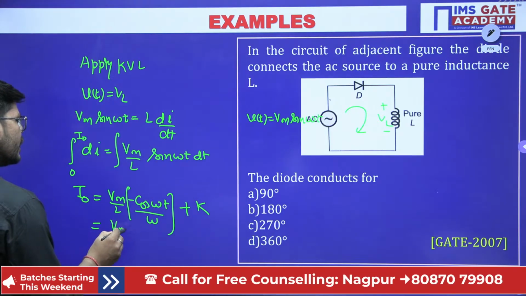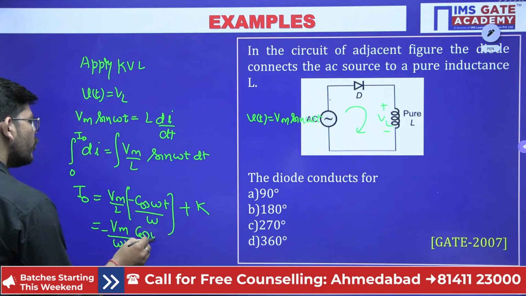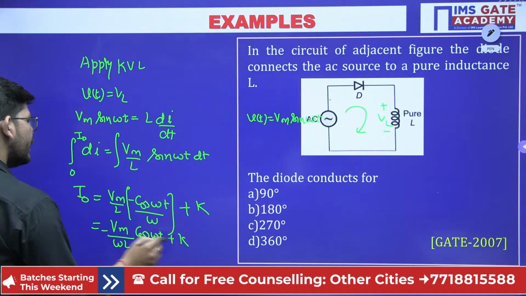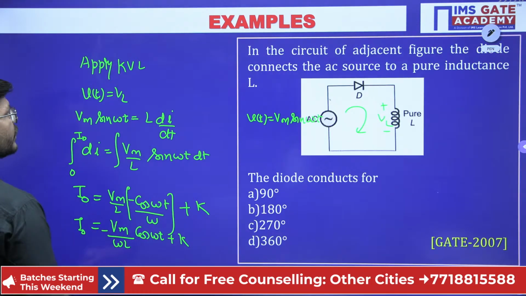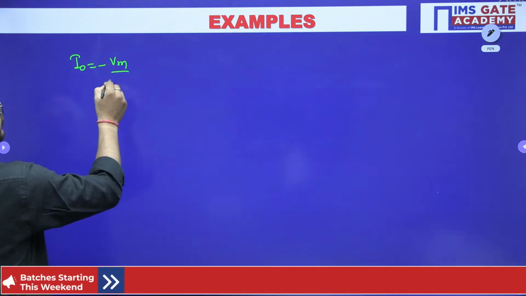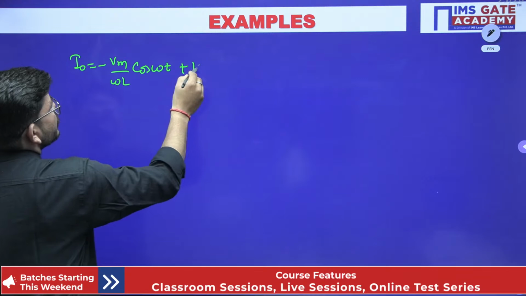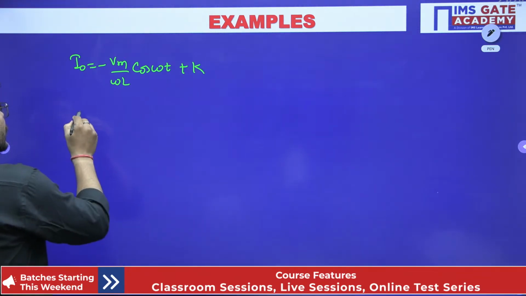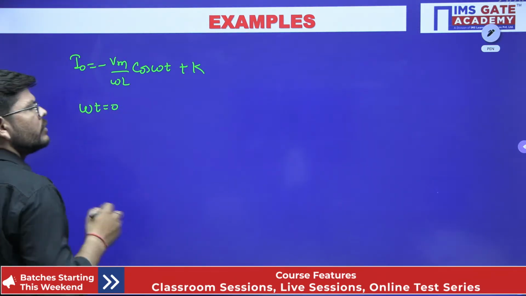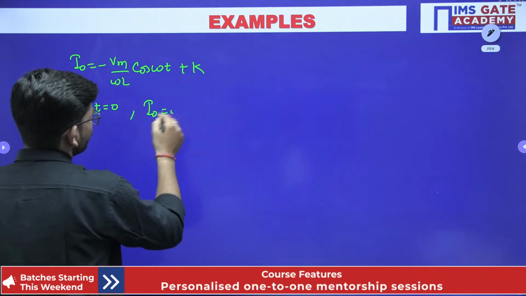So I am going to get Vm by omega L times minus cos omega t plus k. So I naught is basically minus Vm by omega L cos omega t plus k. This is what we have obtained. So at omega t equal to 0, when we have just started analyzing the circuit, there will not be any current, isn't it?